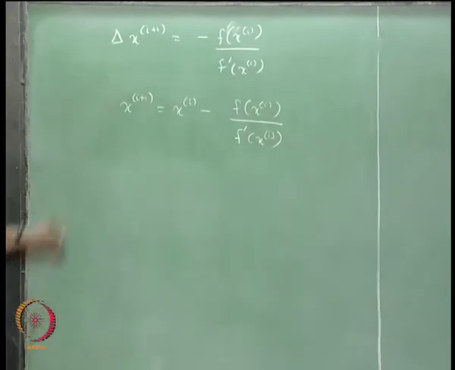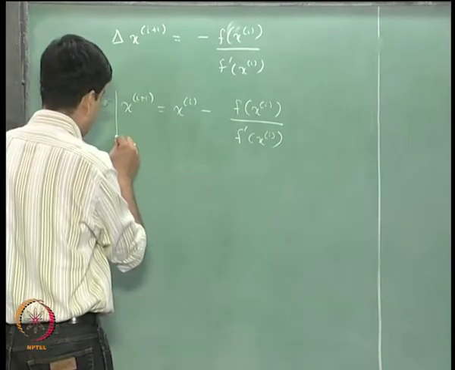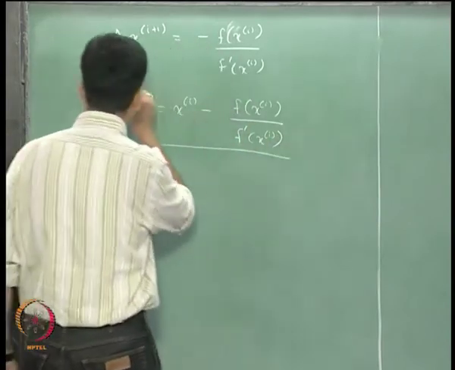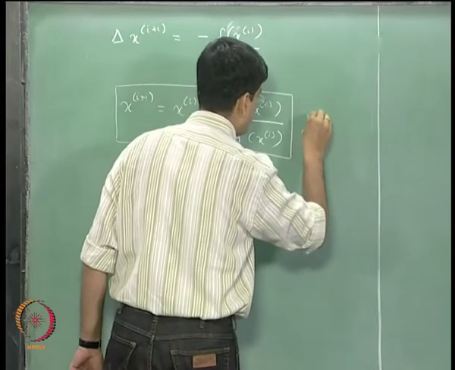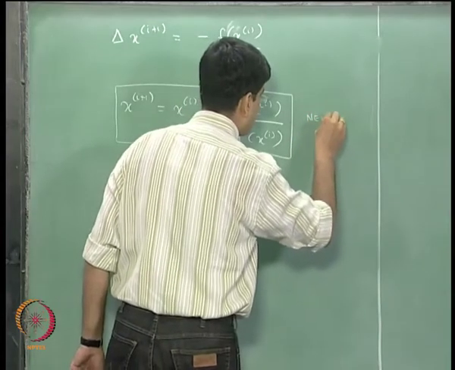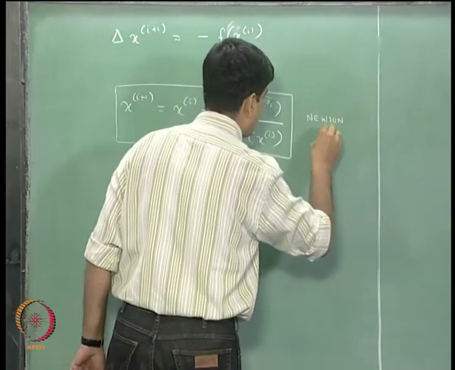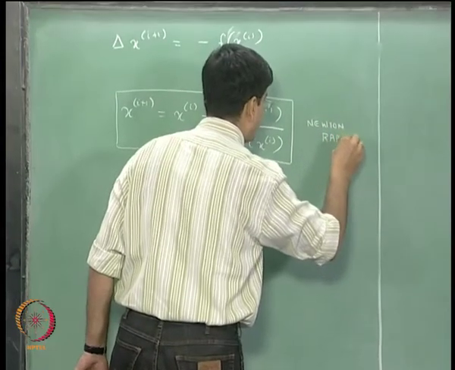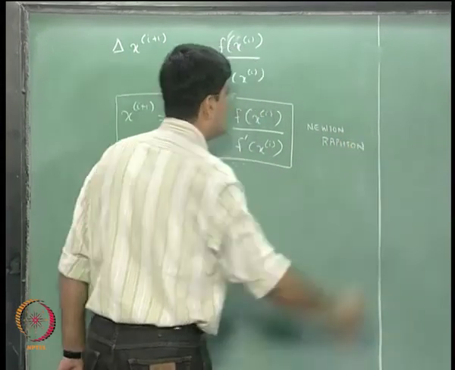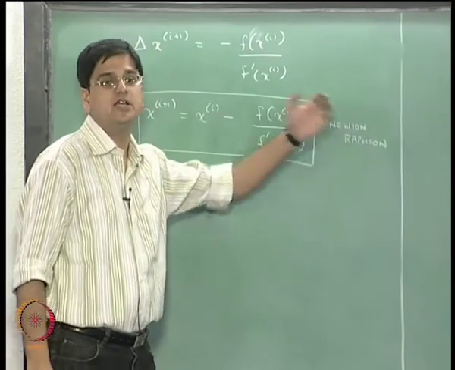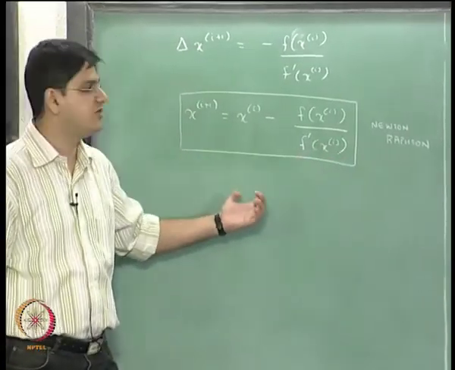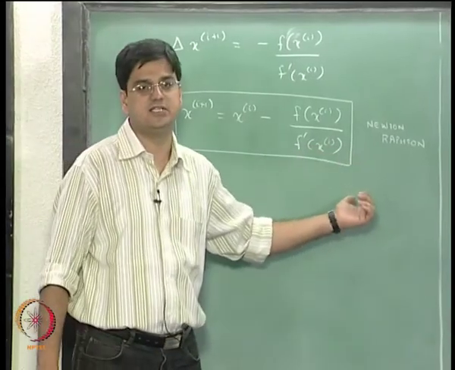So this is essentially our Newton-Raphson's method. Essentially we have derived the Newton-Raphson method keeping only the first derivative term in the Taylor series expansion.